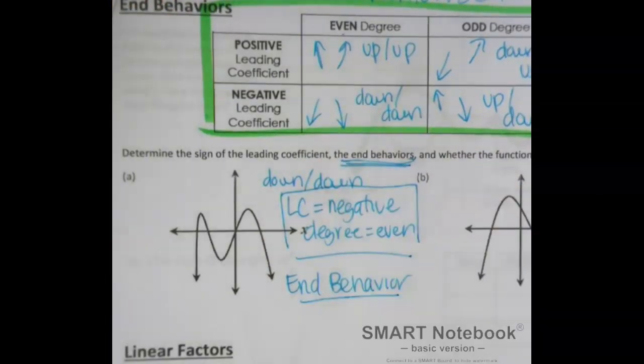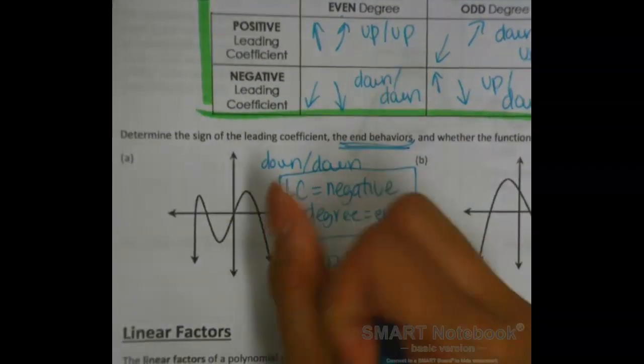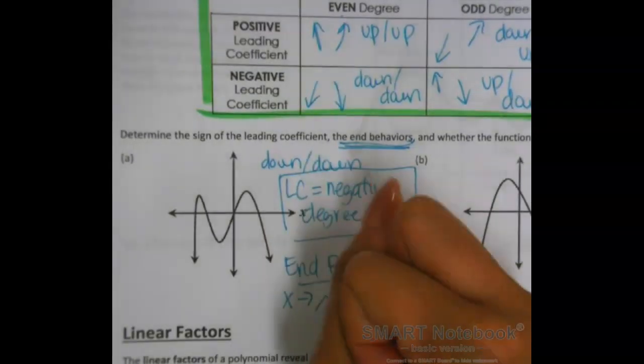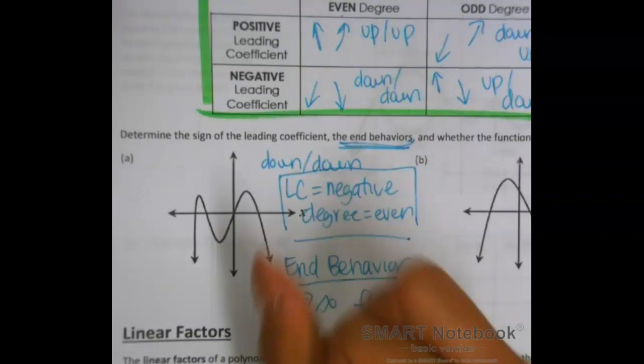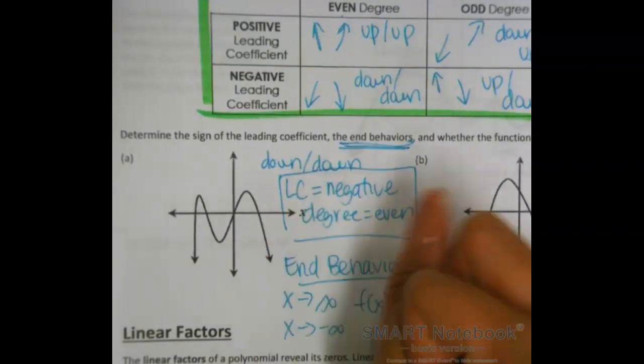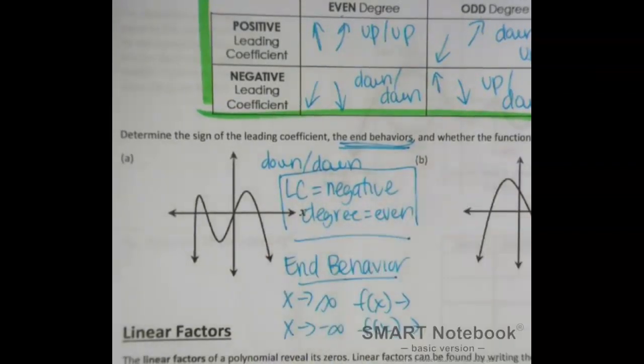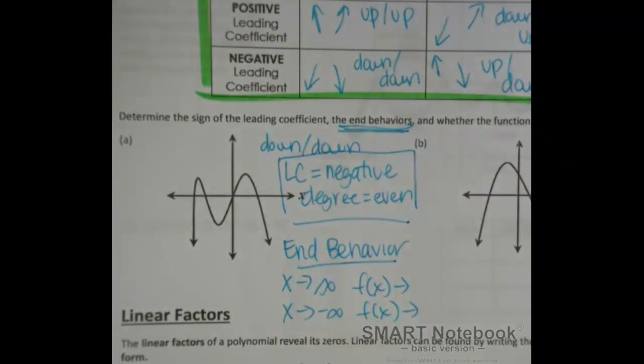On a lot of our notes that we did several months ago actually, we would see x approaches infinity, f of x approaches something. X approaches negative infinity, f of x approaches something else. We did this for all of the types of problems we saw. Cubic, absolute value, quadratic. We did this for almost every type of function.